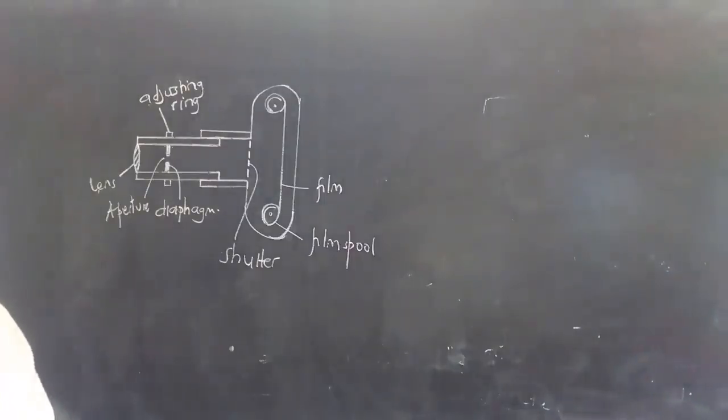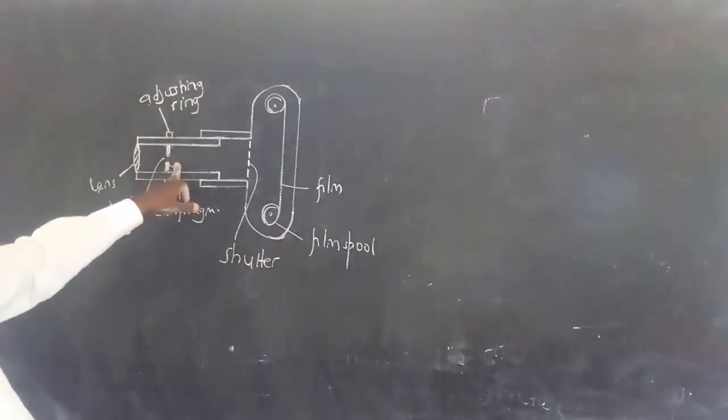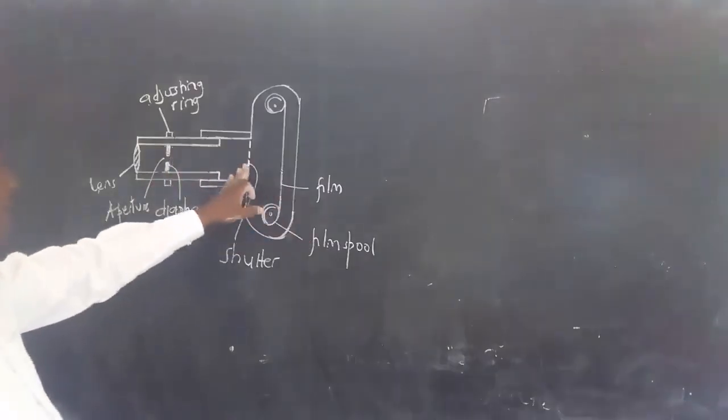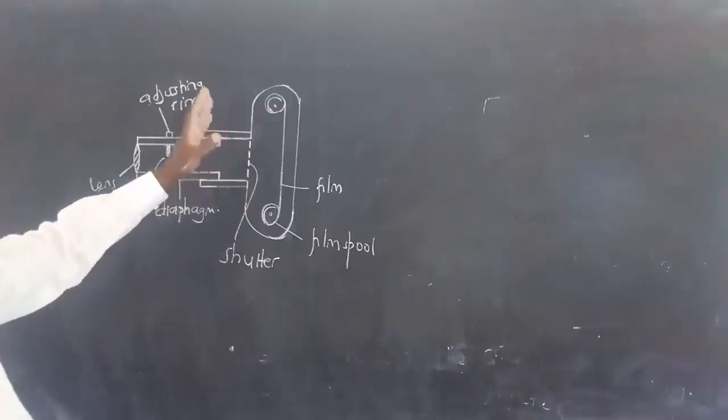So now that is how we look at the use of the diaphragm. This one is to control the size of the aperture, which regulates the amount of light entering the film. Then the shutter controls the time of exposure for which the film is exposed to light, and then it closes.